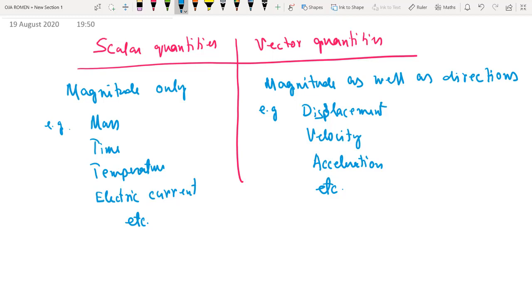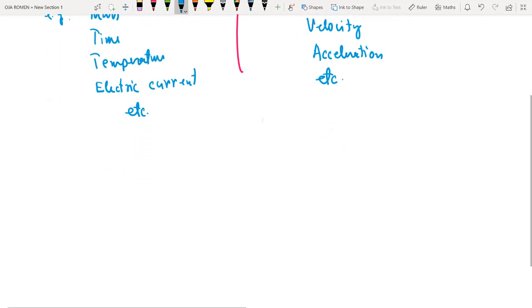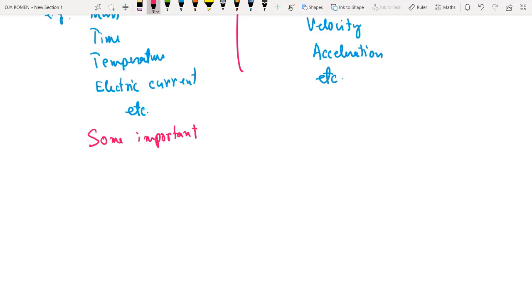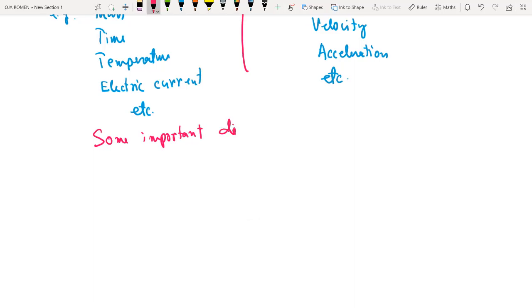Now let me give you some important definitions. Number one, equal vectors.